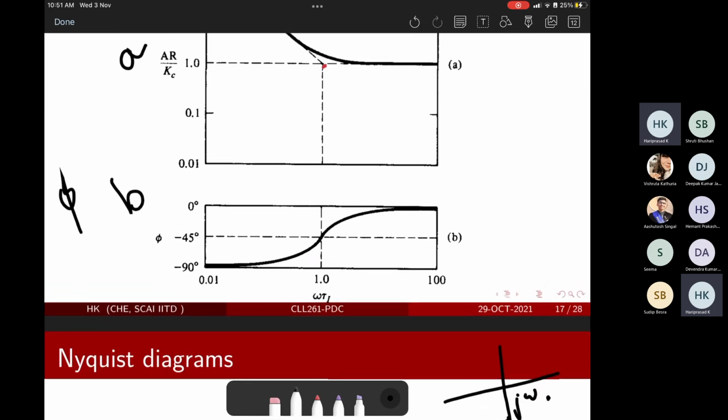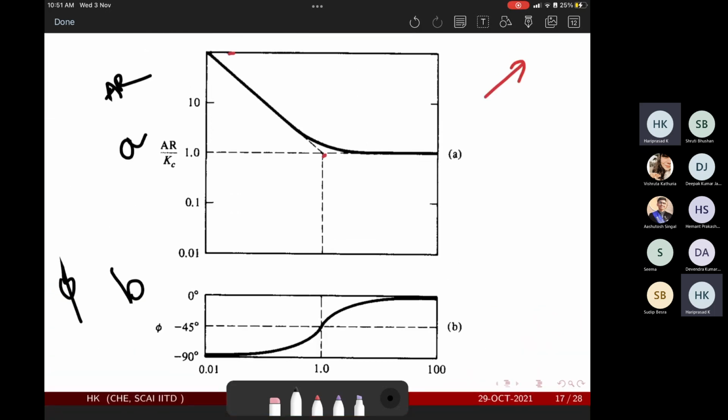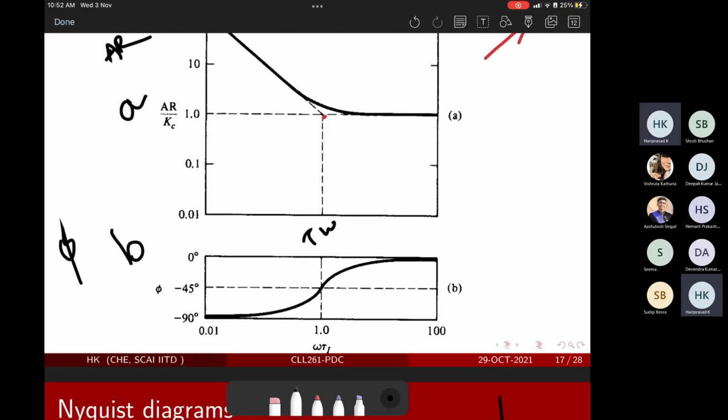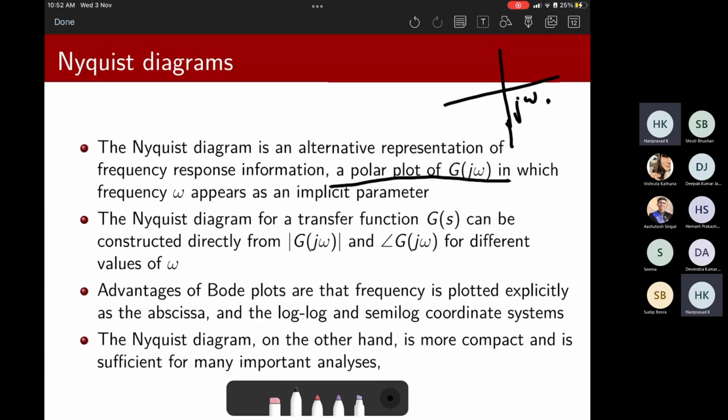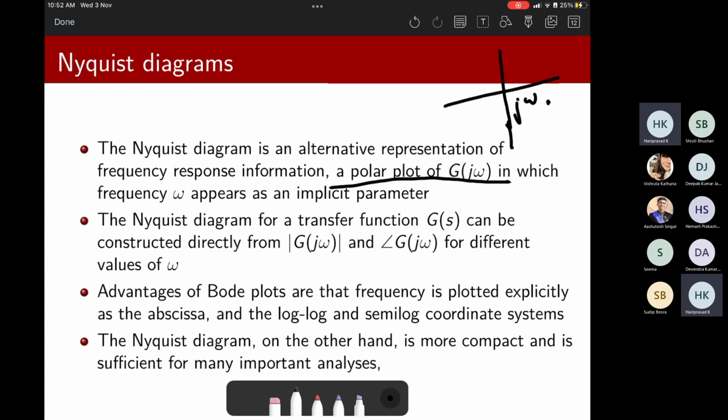While these are two independent parameter plots, both plotted as a function of omega tau, the second one is more compact because it's a polar plot.